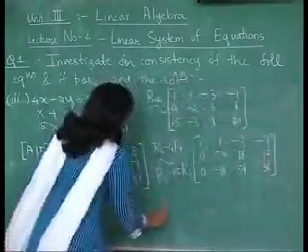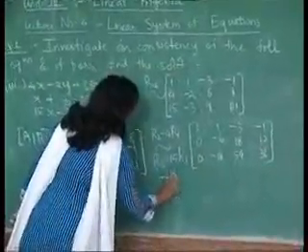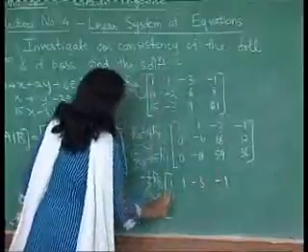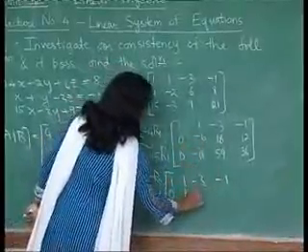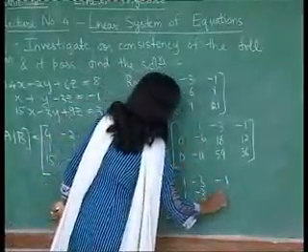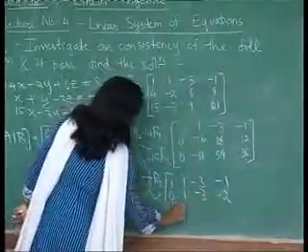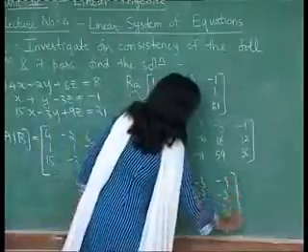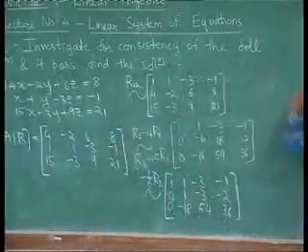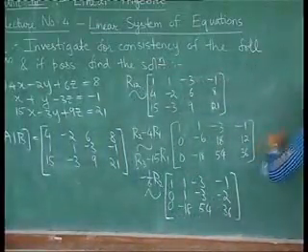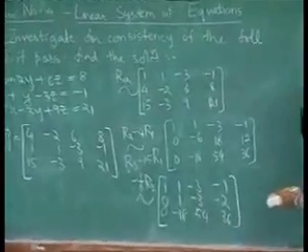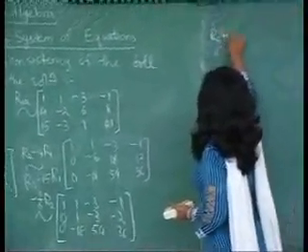Let's divide the second row by minus 6. So 1, 1, minus 3, minus 1, 0, 1, minus 3, minus 2, 0, minus 18, 54 and 36. And now to bring a 0 below that leading one, I'll have to do R3 plus 18 R2.